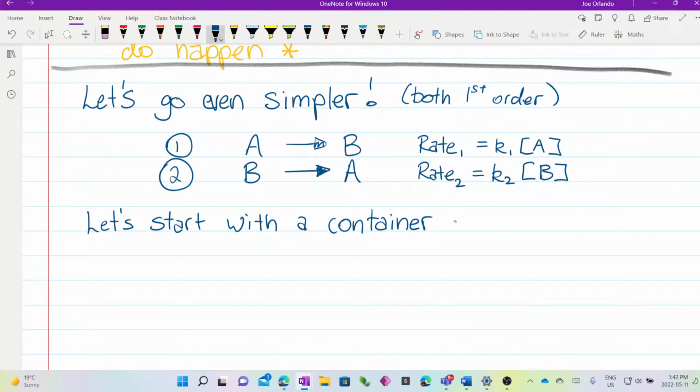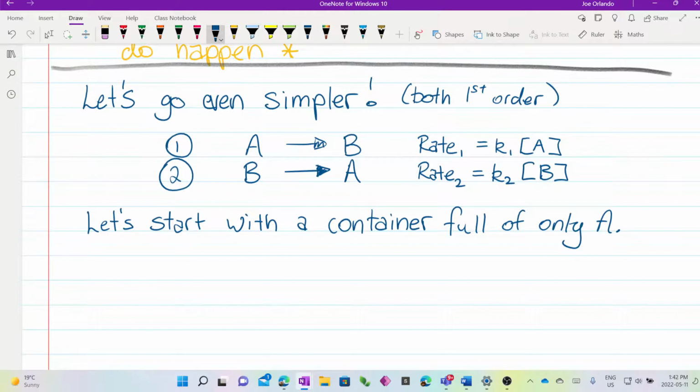Okay, let's start with a container full of only A. So if we start with a reaction vessel that only has A, this rate is as big as it can possibly be, right? K is constant, and let's say this container is very special, where it's going to keep the pressure constant, it's going to keep the temperature constant.